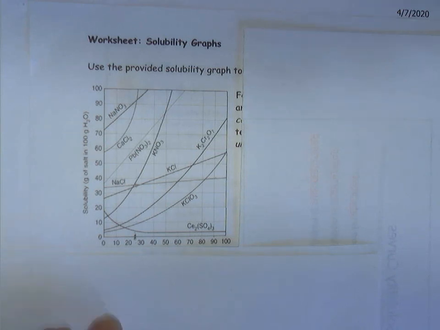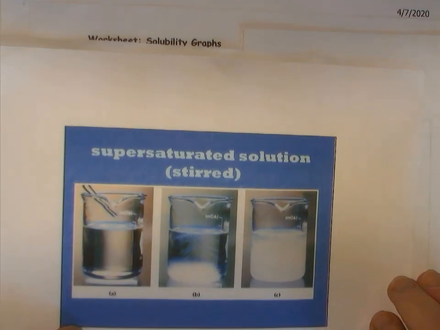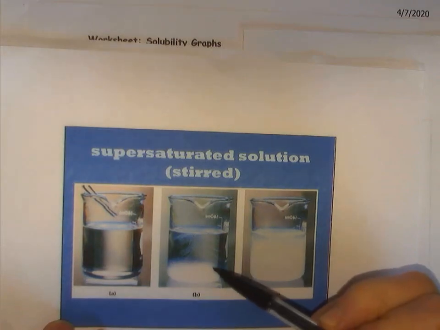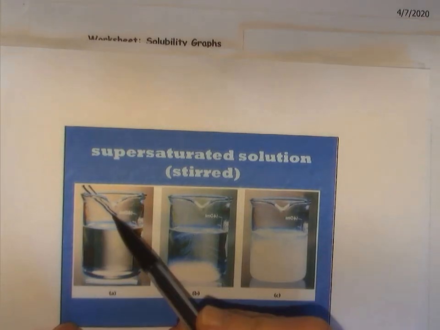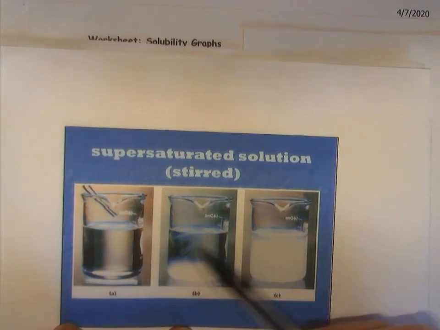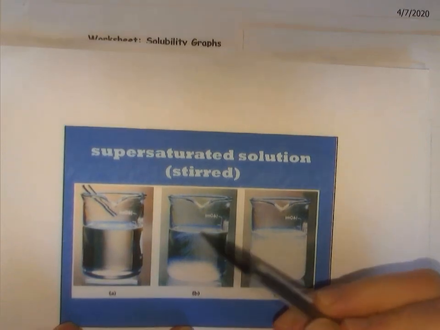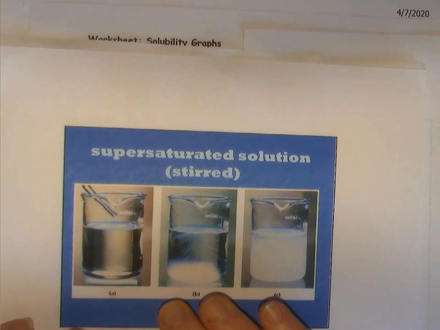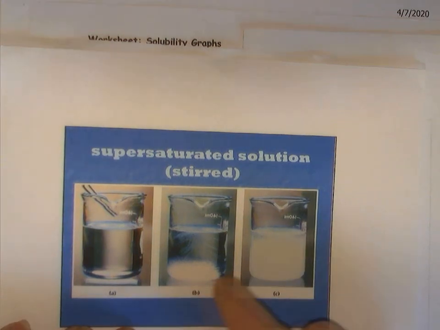However, those are not very stable situations. So here's an example where a supersaturated solution was agitated, was stressed. So here's a stirring rod. It was added to the solution and some stress came. You could also possibly hit the beaker on the table.